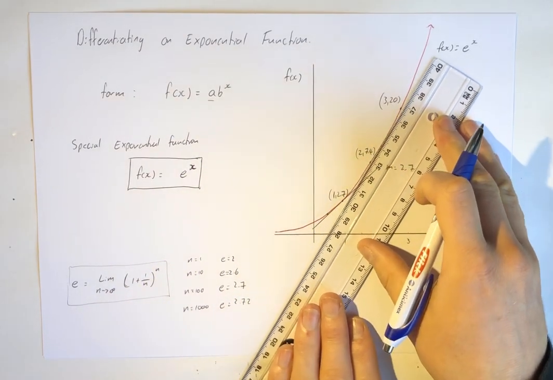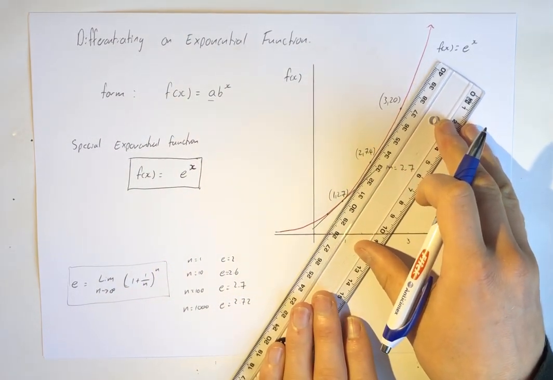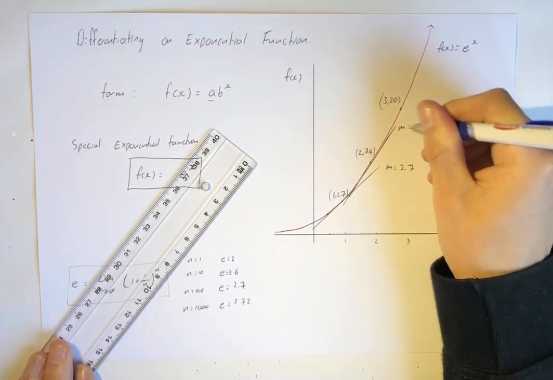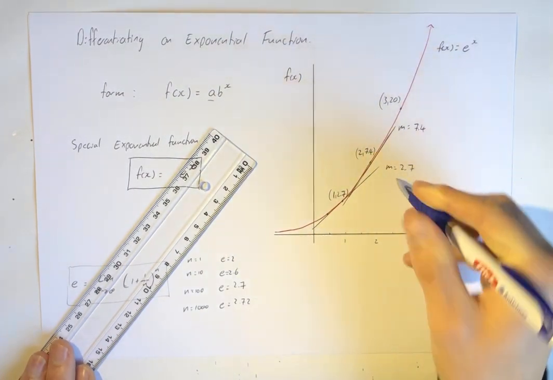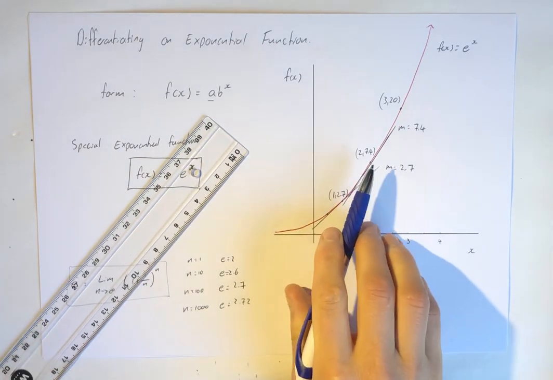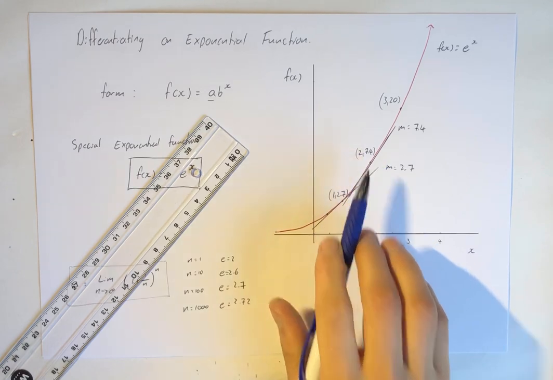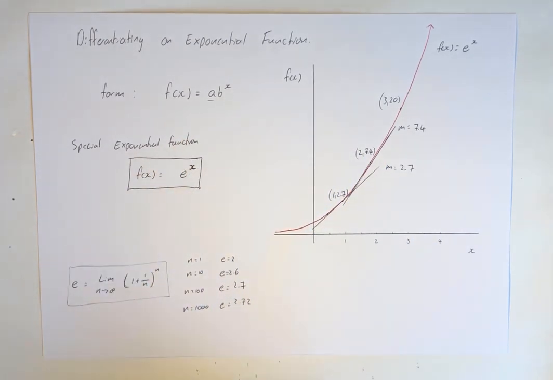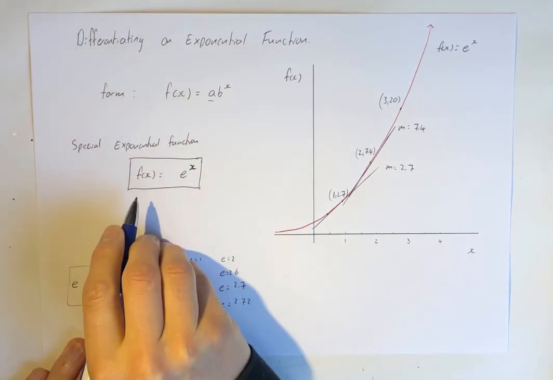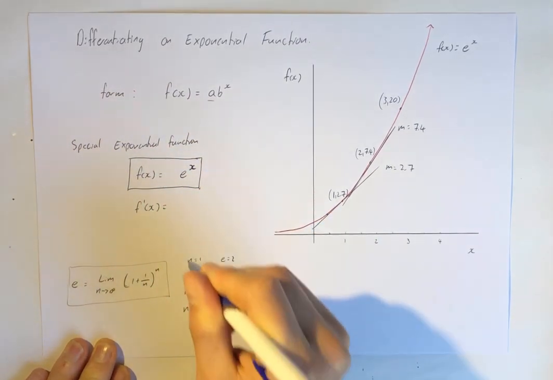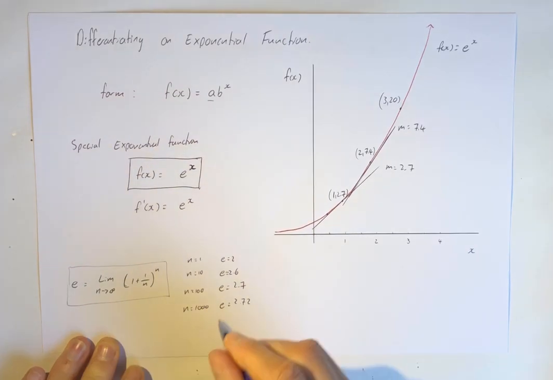If I went to the point 2, 7.4, and I measured its gradient, well, m is 7.4. The value on the curve is actually the gradient itself. So we can say that if f of x is e to the x, then f prime of x is also e to the x.